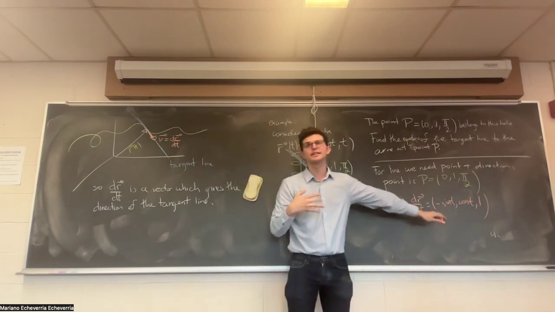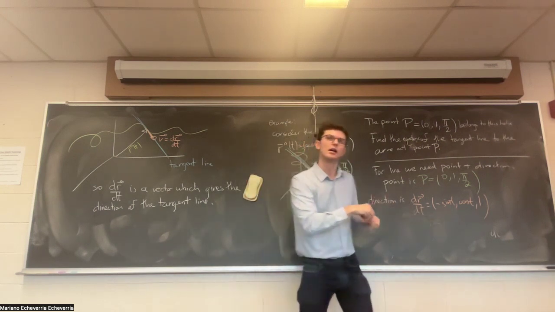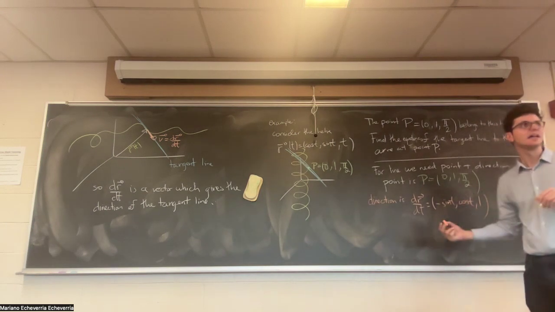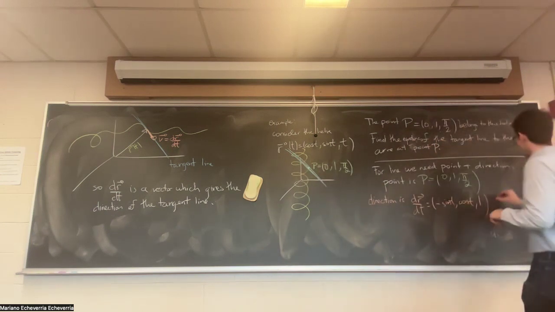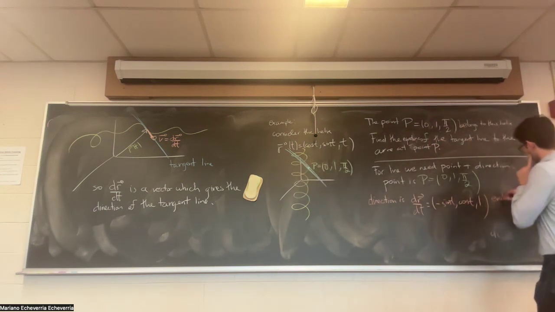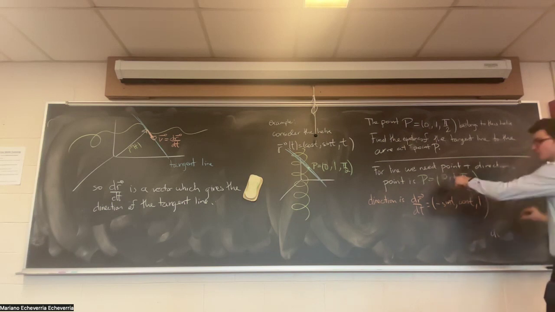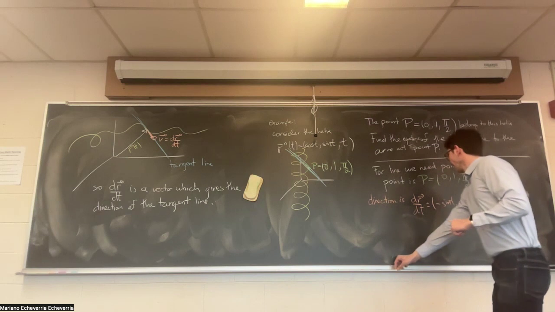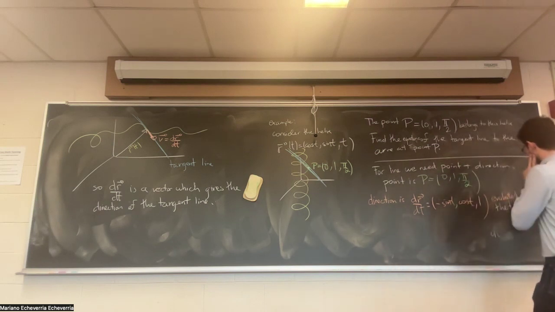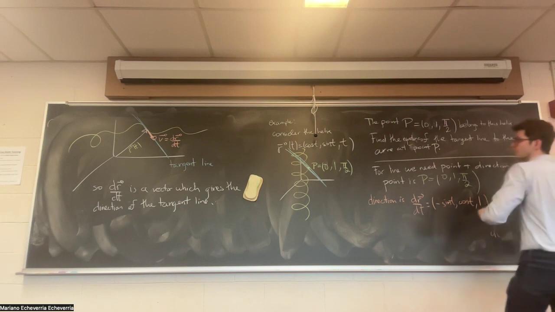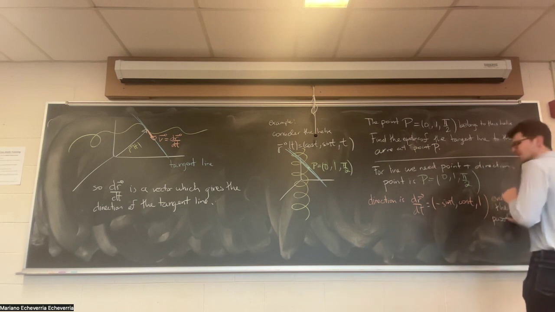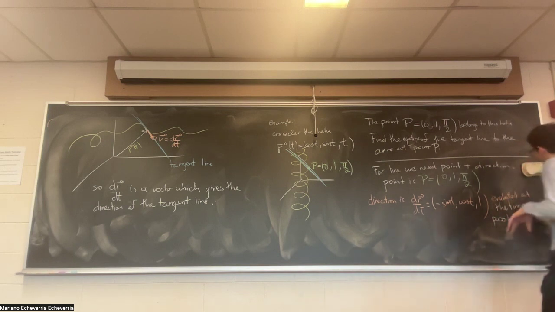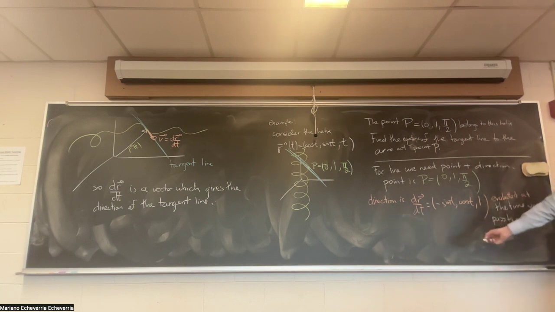So you just have to evaluate this at the time at which you pass through P. You cannot leave the answer in terms of t, because you want the specific velocity at time P, when you are at point P. Is that making sense? That's the only tricky part of this problem: you cannot leave the answer in terms of t because you just want the specific tangent line.